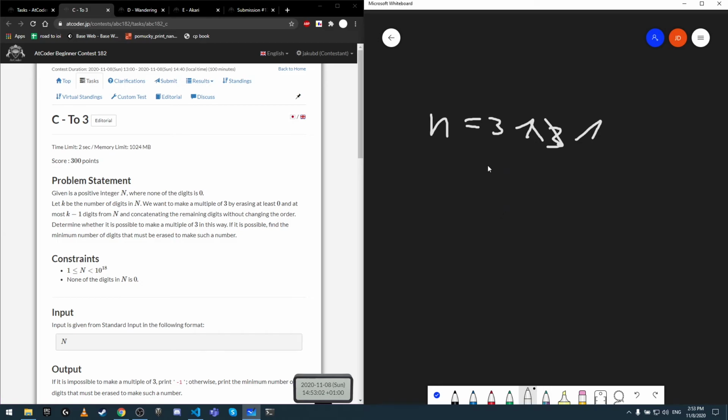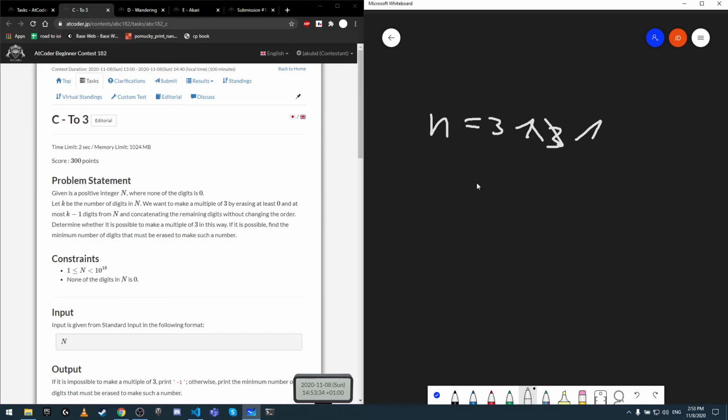Basically you could come up with a solution: the rule for divisibility by 3 is that the sum of the digits has to be divisible by 3, which means you basically need to erase a minimum number of digits until your sum is divisible by 3.